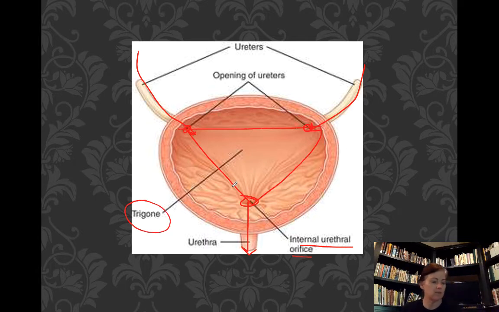This is a smooth area within the urinary bladder, and if you are someone who's prone to bladder infections, this is an area where bladder infections like to occur. So it just happens to occur there maybe more than other areas within the bladder. But that's what's interesting about the trigone.